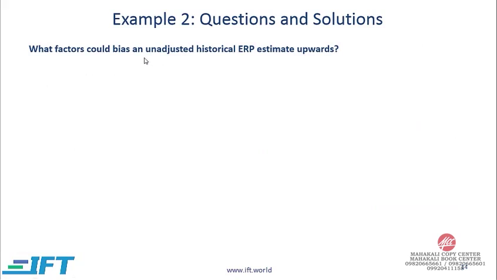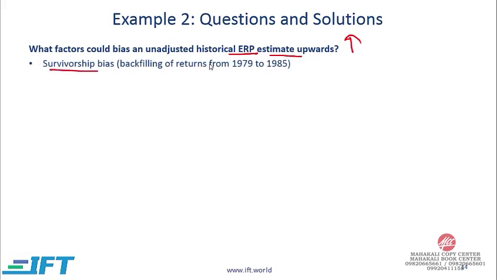What factors would bias an unadjusted historical ERP estimate upwards? Given the case that we just talked about, one is survivorship bias. So backfilling returns from 1979 to 1985. The general point, as we discussed earlier, was that when we backfill, we are only going back and adding stocks that exist.